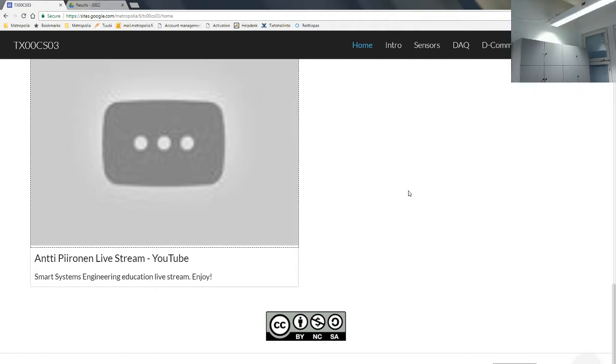Then also mentioning the Creative Commons license. You know what that means. Basically, no commercial use. If you use it commercially, I will sue you, and get your money and your house.